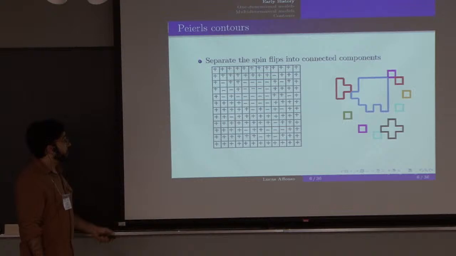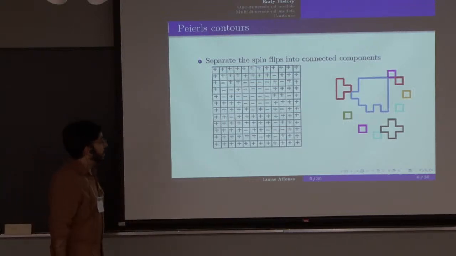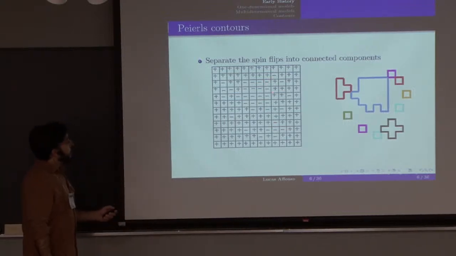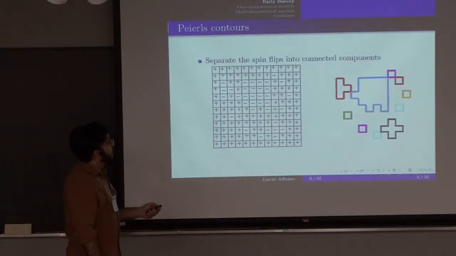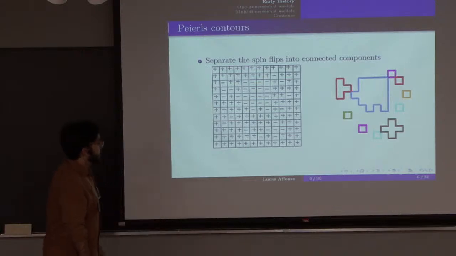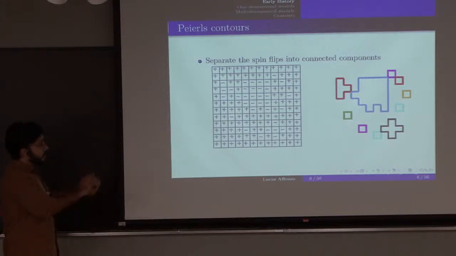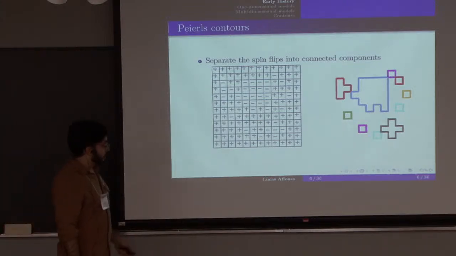This is called the spin flips because you are changing the sign. And you separate it by some bond here, and then to construct a Peierls contour, you just take the connected components, and you also have to give a fixed way to cut these joinings here. And then if you do this, you have a collection of Peierls contours.